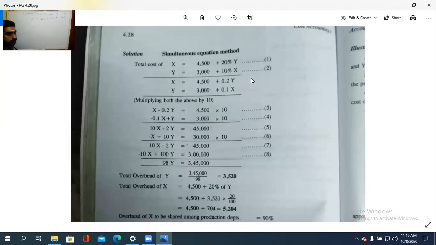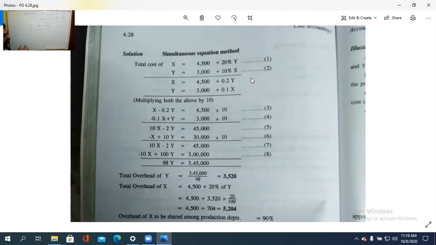So we need to put it into the form of a mathematical equation, right? The percentage is given here as 10%, so we multiply... sorry, divided by 100. So it is x = 4,500 plus 0.2y, and y is equal to 3,000 plus 0.1x. So there are two equations. Then what we need to do?